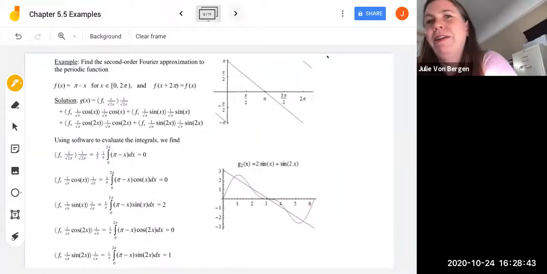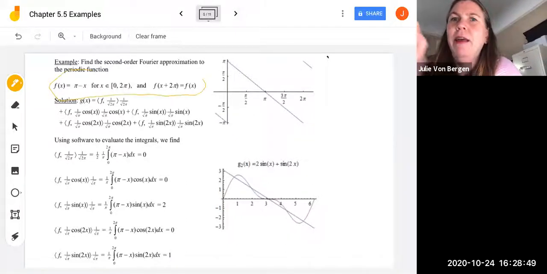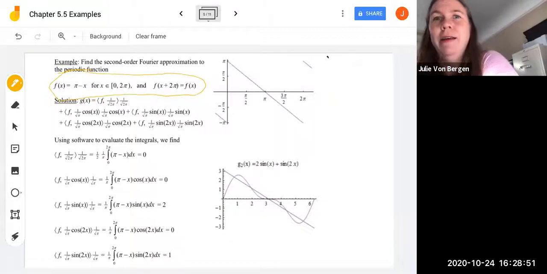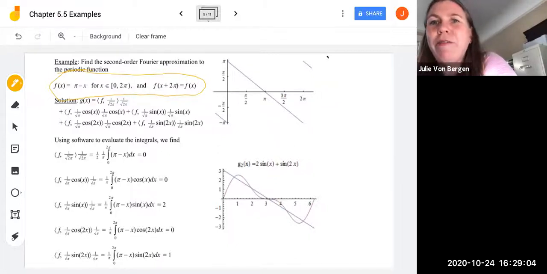So in this example, we're going to find a second order Fourier approximation for this periodic function f of x equals pi minus x for x in 0 to 2 pi. We're leaving the 2 pi open, so we're not including 2 pi, but 0 is closed.